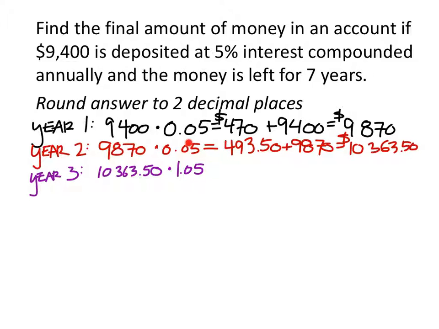What we did before, right, is we took the 5%. Let's look at year 1, right? We took 5% of the $9,400, and we got $470. Then we added, well, that was what we started with. Well, what percentage of what we started with is that? The 100%, right? We started with 100% of $9,400.